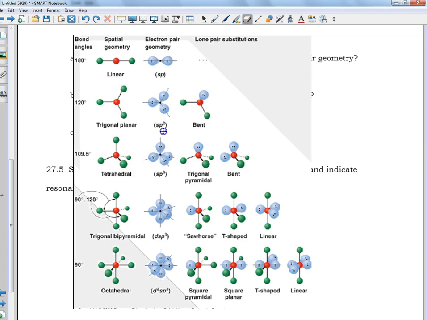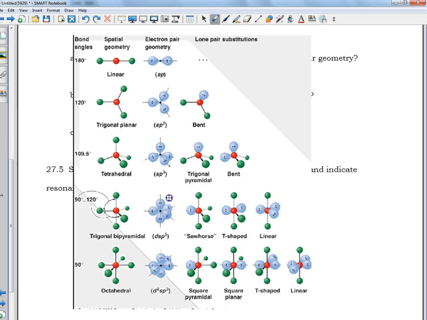4 bond areas, they will orient with 109.5 degree angles in this shape, which is hard to see when you're talking about a drawing on a piece of paper. 5 bonds, we get this interesting shape where we have right angles.